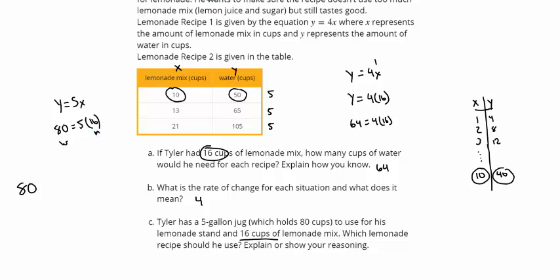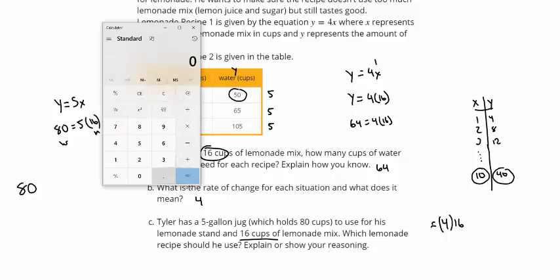Let's check. So he has 16 cups of lemonade mix. So 16 times 4 is equal to what? 4 times 16 is 64.